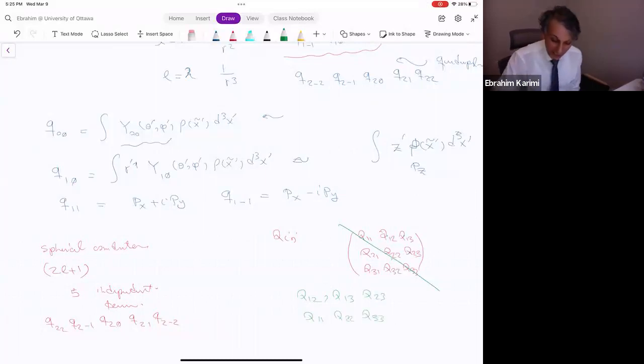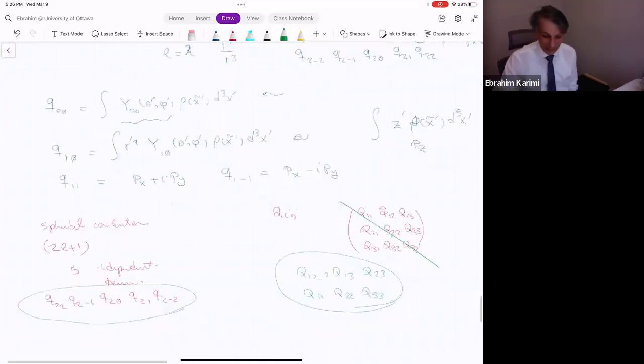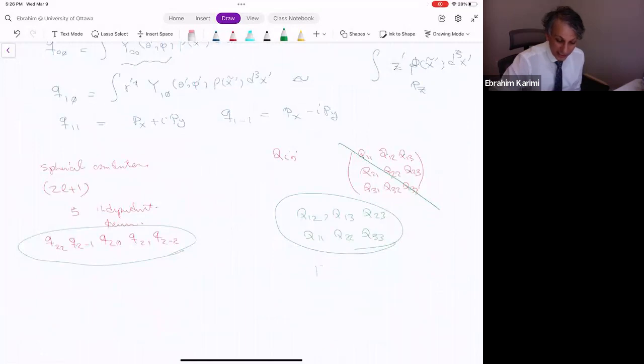So how come here I have 6 independent quadrupole terms, and there I have 5? The tricky part is that if you look at the trace of the Q matrix or tensor, the trace is equal to 0. It means Q11 plus Q22 plus Q33 is equal to 0.